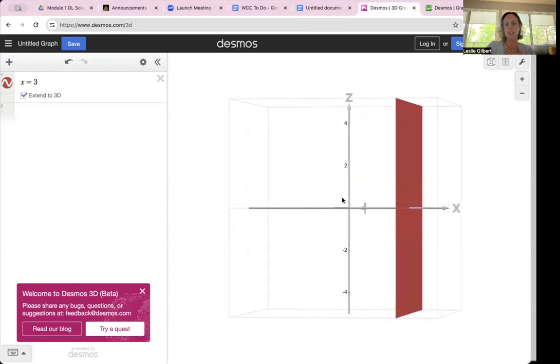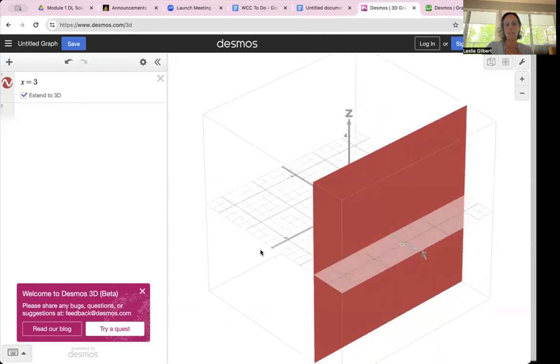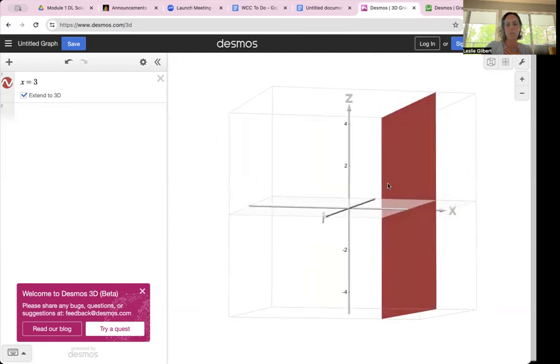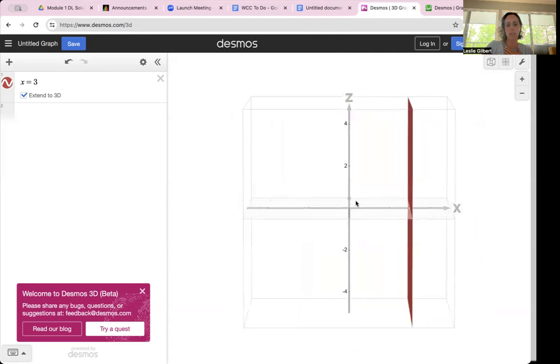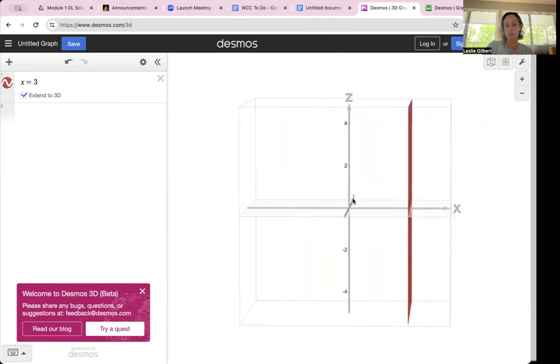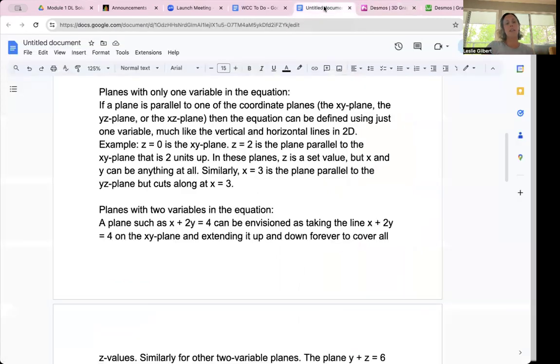Now if I turn this, I can see how this cuts through at the X value of 3. So I can have equations of planes with just one variable. However, that means it's going to be a plane that's completely parallel to one of my coordinate planes.